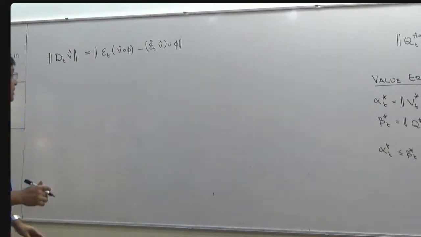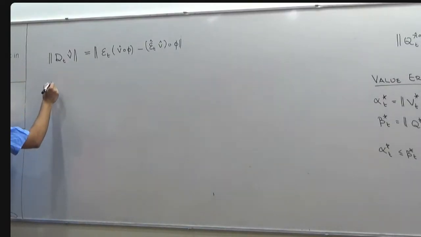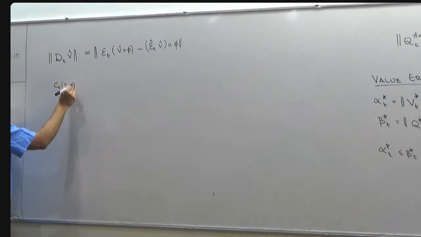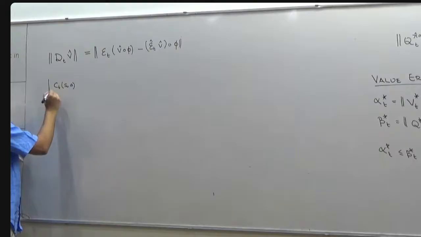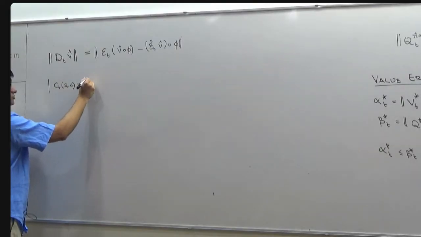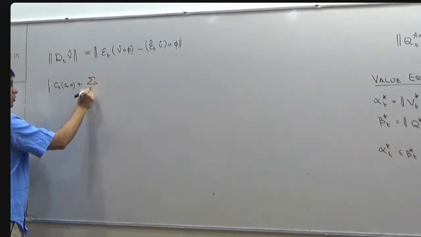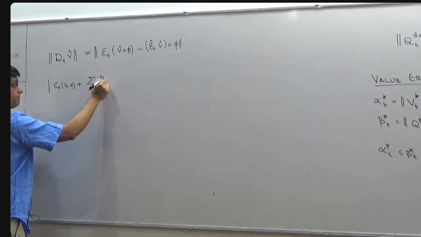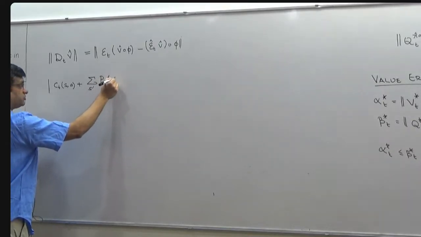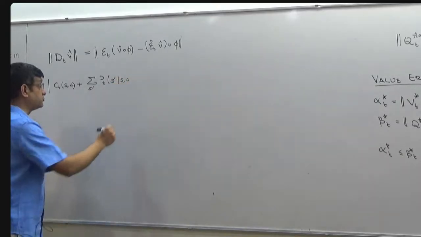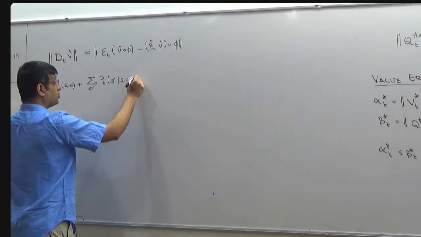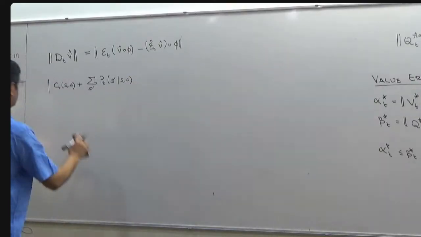So I am going to write this thing as follows. This is C t of S A. Let us write it for a particular S A, and we will take the supremum over S and A later on. So let us look at C of S A plus summation over S prime P t of S prime given S A. Sorry, I should have done this.